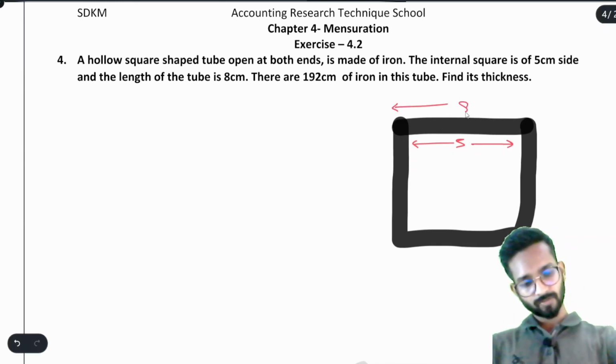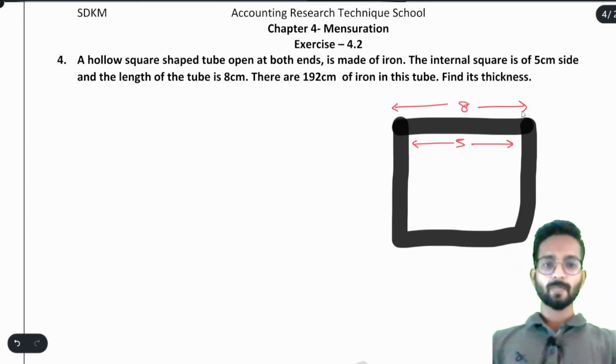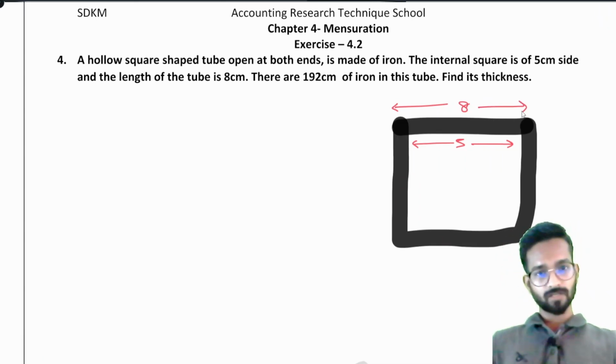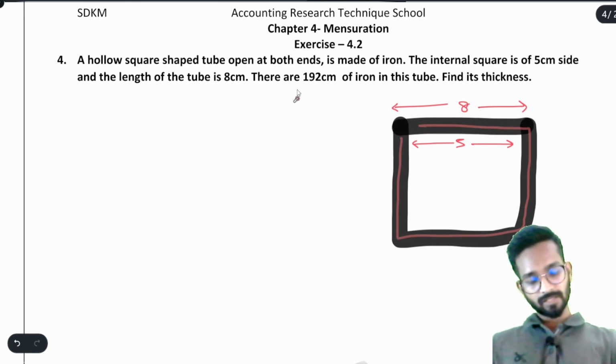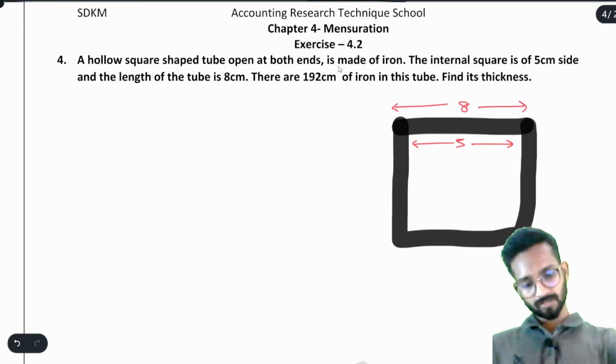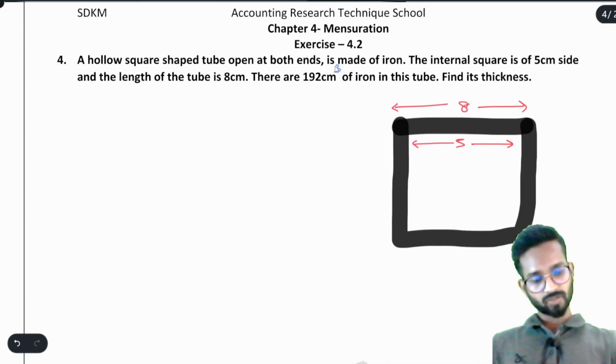This is 8. Okay. Now what are they saying? See, we have made this from iron. Okay. So they are saying this iron what you have used here, this is the iron we have used here to make this. There are 192 centimeter cube of iron in this tube. Find its thickness. That is what we are supposed to find.